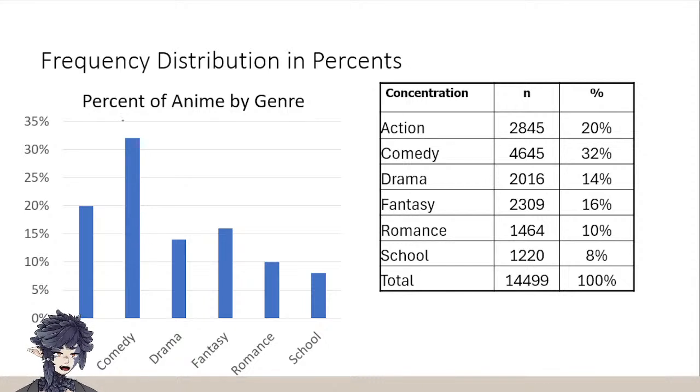So the comedy bar is counting not only comedy that aren't fantasy, but comedy that also are fantasy. So there's a bunch of stuff being counted twice in here. It's kind of messy. This is just how often each genre appeared in that list. But because anime have multiple genres, it gets a bit gross. It's not the cleanest thing in the world.